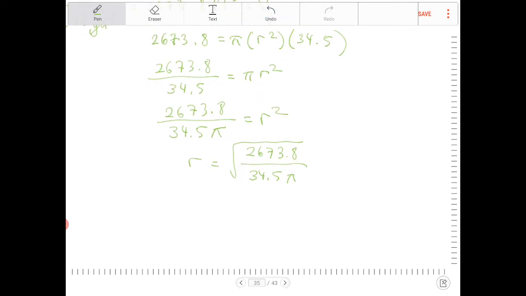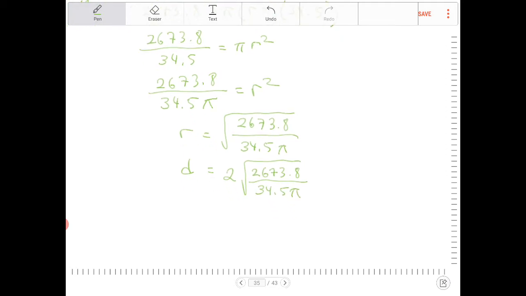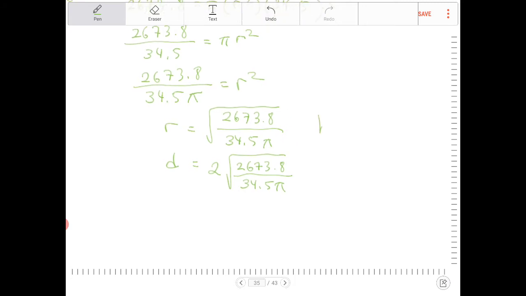But I'm really looking for the value of d, so I'm going to double this: 2 times the square root of 2673.8 over 34.5 pi. And the real value I'm looking for is h, and h is equal to d plus 1, so whatever value I get for d, at the end I'm going to have to add 1 to it. Let's enter this into the calculator.